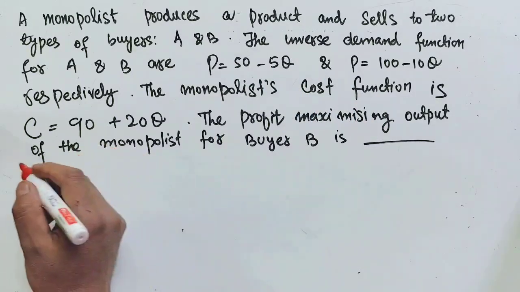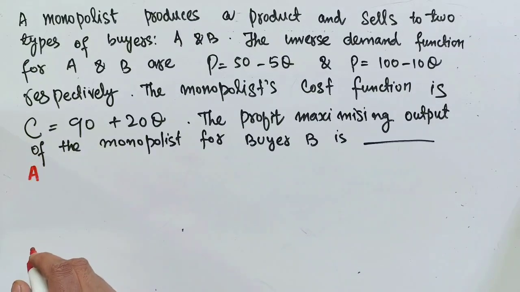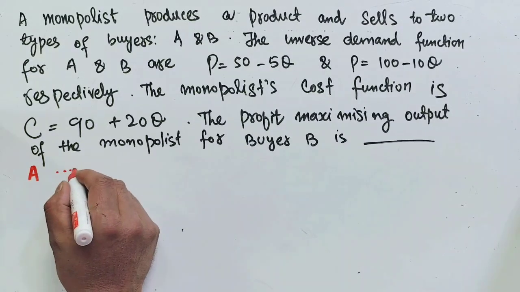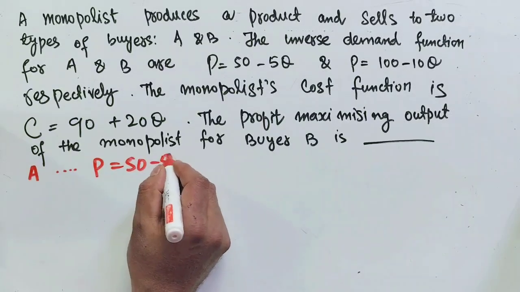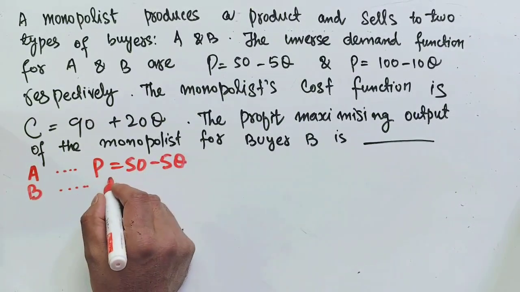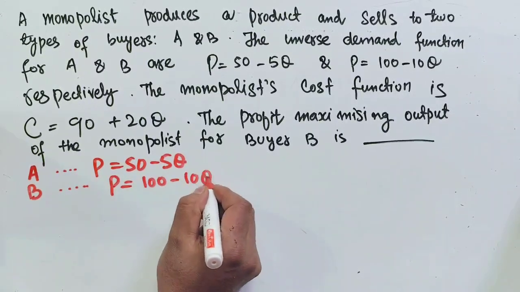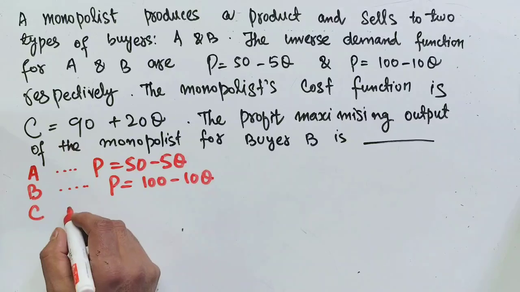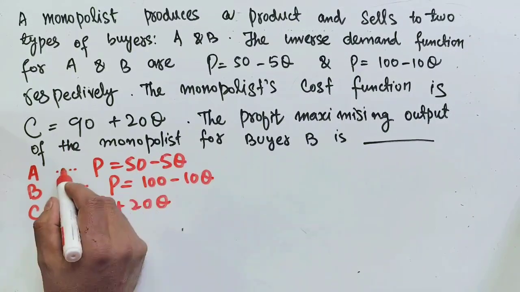Okay, so we are given the monopolist. We have two buyers. For A the demand function is P is equal to 50 minus 5Q. For B the demand function is P is equal to 100 minus 10Q. Also the cost function for the monopolist is 90 plus 20Q.